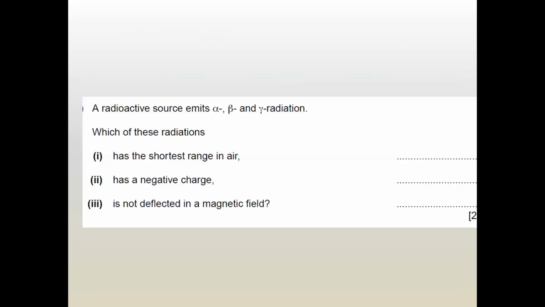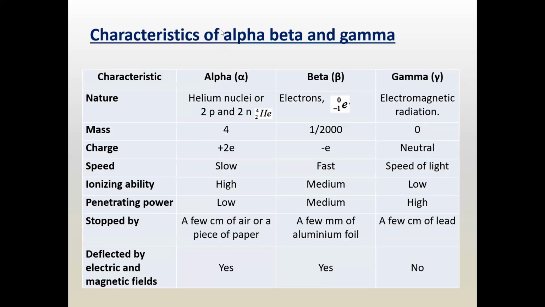For example, a radioactive source emits alpha, beta, and gamma. Which of these radiation has a short range in air, like can travel a short distance? Is it alpha, beta, or gamma? So from the previous table, which has a short travel distance?